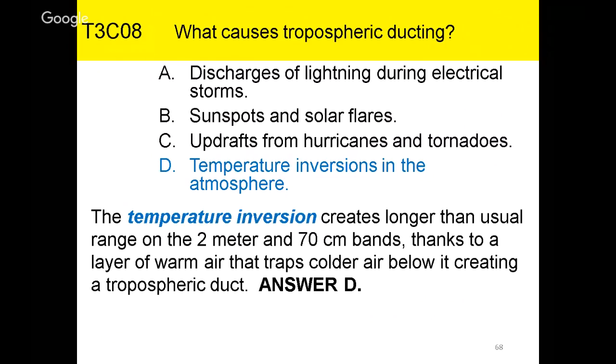And so there you go. Temperature inversions is what really causes tropospheric ducting to affect 2 meter and 70 centimeter bands.